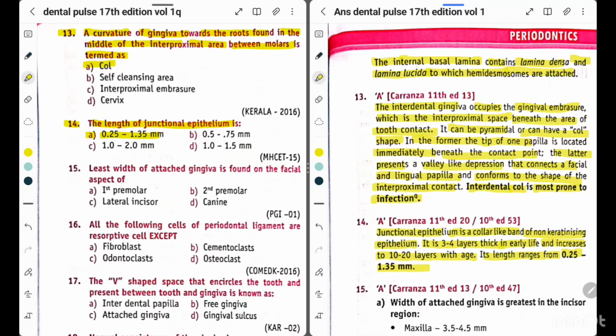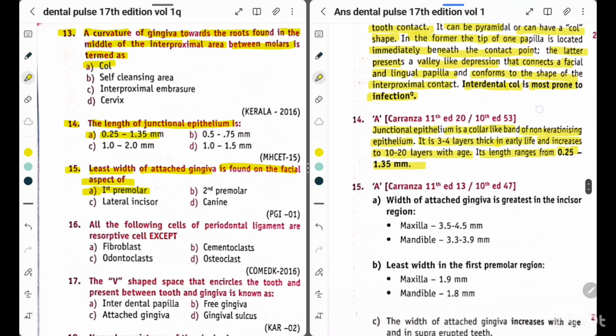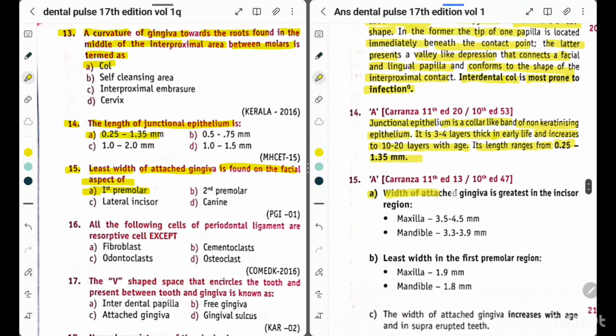Okay. Now question 15. Least width of attached gingiva is found on the facial aspect of? So its answer is option A, first premolar. Width of attached gingiva is greatest in the incisor region, and least in the premolar region.